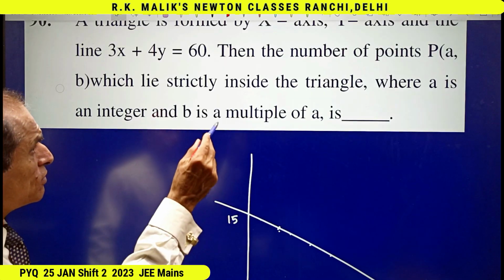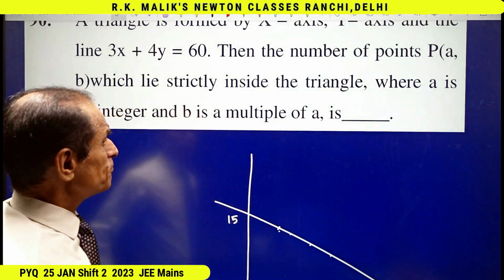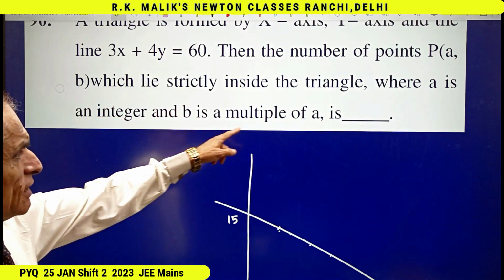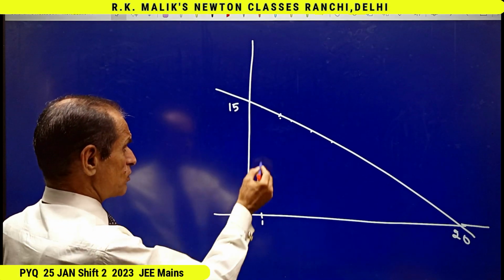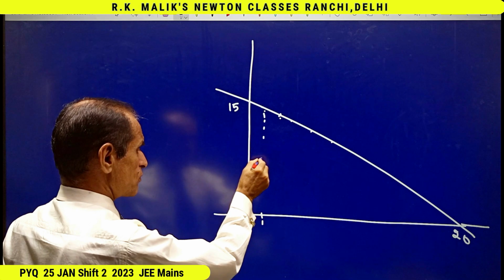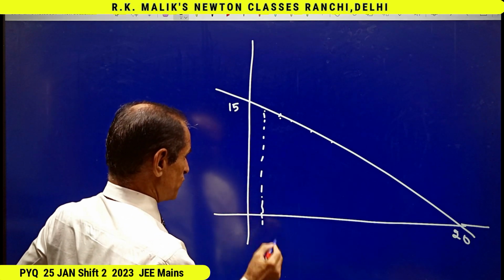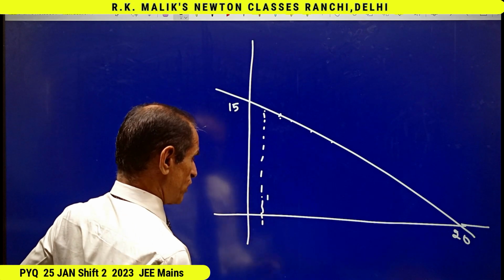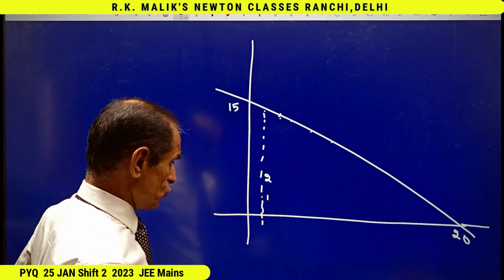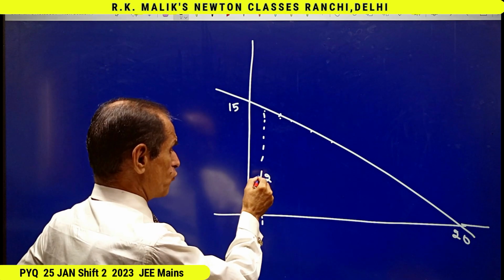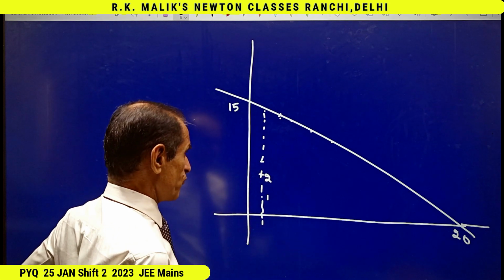Because it is given that for the point P, B is a multiple of A. Now those points which will lie on this line, first point will have y coordinate 1, second point will have y coordinate 2, because for x equal to 1, y equal to 1, 2, 3, all are multiples of 1.